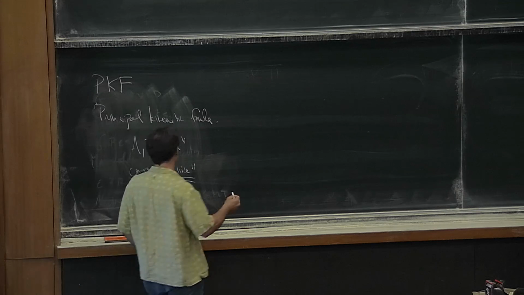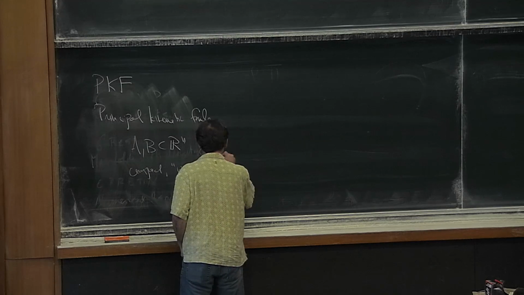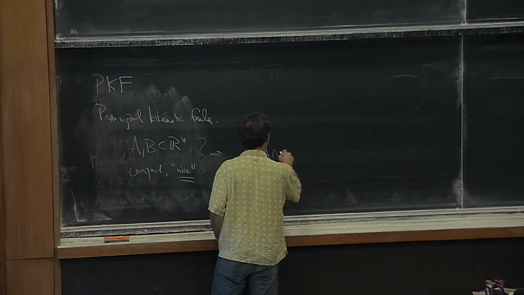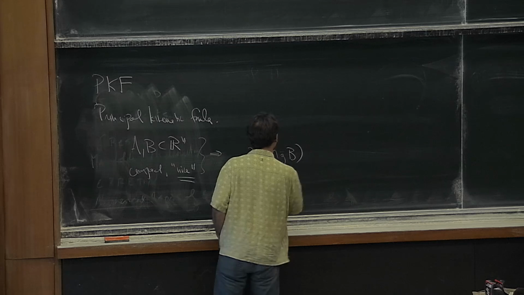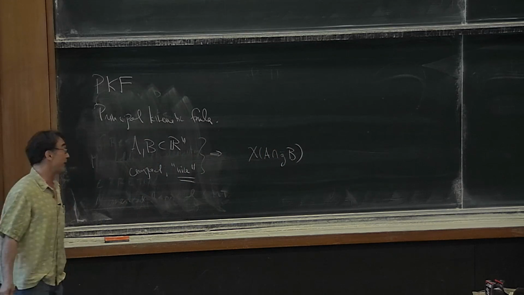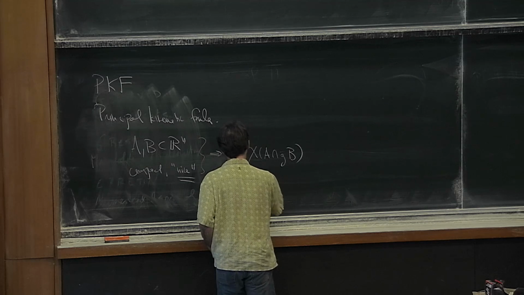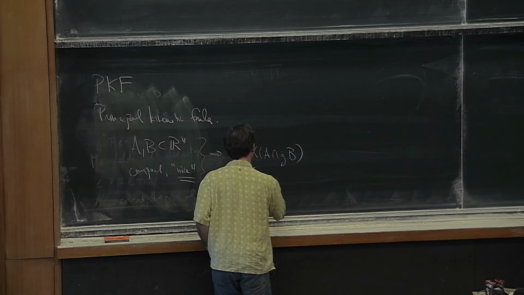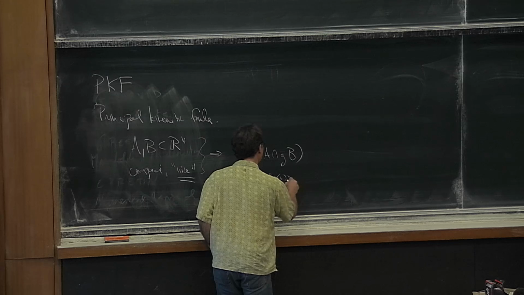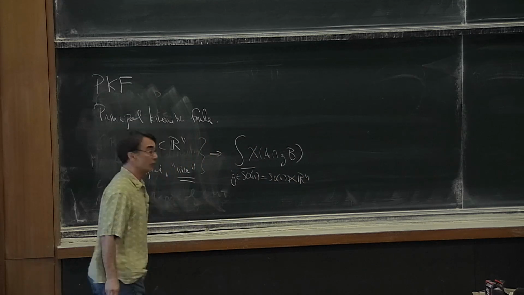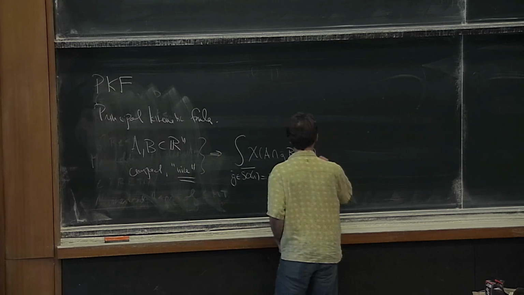But anyway, under these conditions, one can look at the intersection of these two bodies in every possible relative position. I'm going to take g-bar to belong to what I call SO(n)-bar, the oriented Euclidean group, and integrate this over that group with respect to Haar measure.